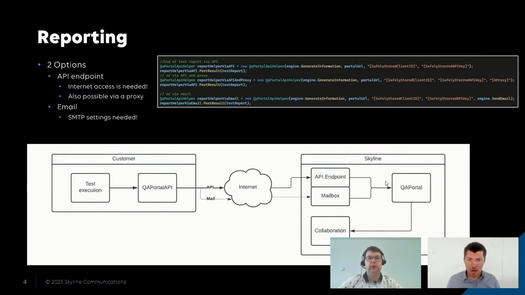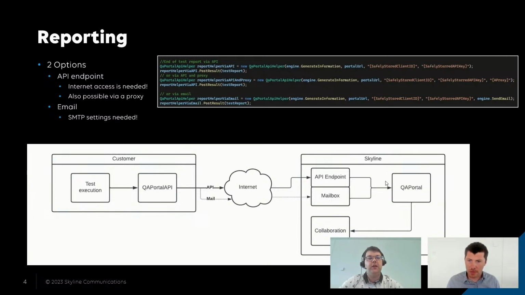Indeed. All right, and I see in your snippets a client ID and an API key. What is it exactly, and how can it be provided to me? Yes, so the portal URL as well, and the client ID and API key are being provided by your Skyline contact.